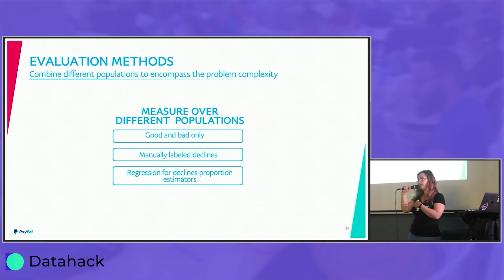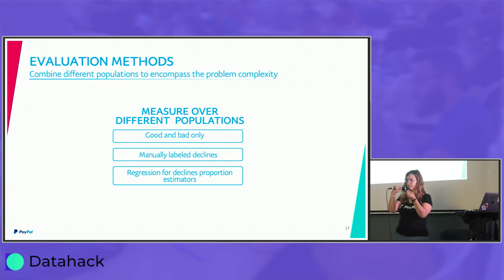This group of metrics would help me understand how my model is performing incrementally, how many new cases it can catch. In order not to miss the declines population, after I hope I convinced you it's not a good thing to ignore, we can use those manually labeled cases that we used in the proportion estimator and again calculate classification metrics over that group.